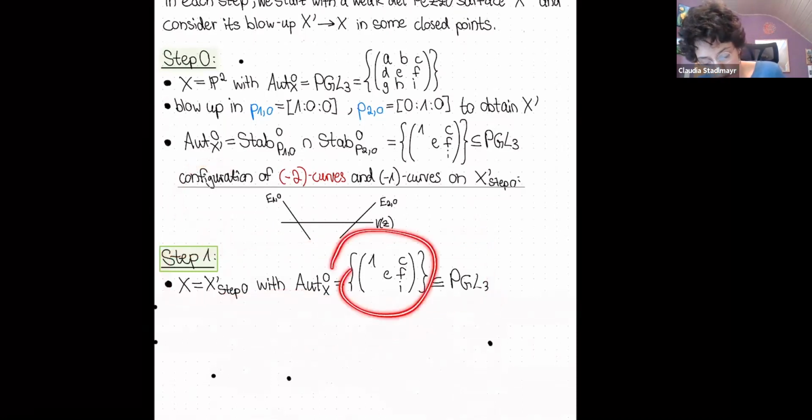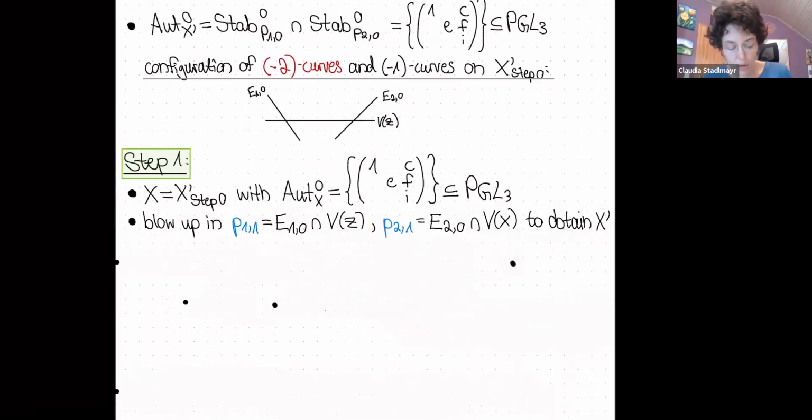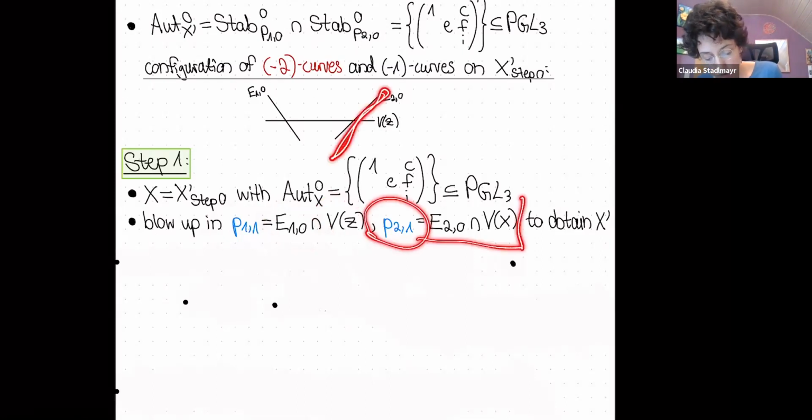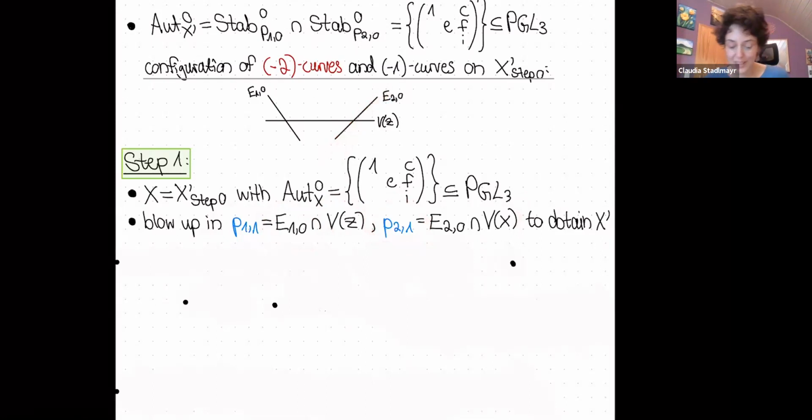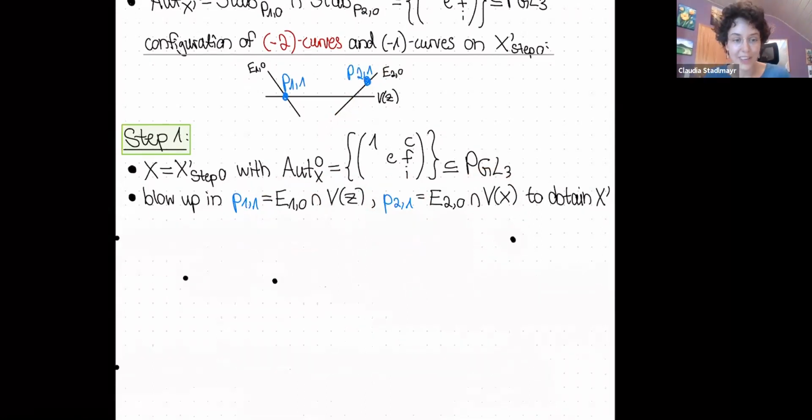We already computed its connected automorphism scheme, and we want to blow up 2 points, for example, P11, being the intersection of the exceptional locus with the strict transform of the line z equal to 0, and P21, this exceptional locus intersected with the strict transform of x equal to 0. So those 2 points I want to blow up are in the picture here, P11, and P21 is somewhere on this exceptional locus. I'm just giving a qualitative picture here.